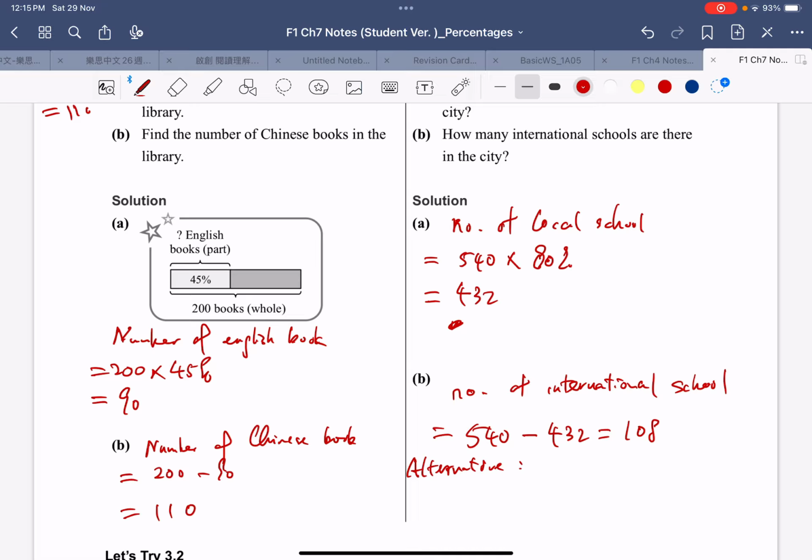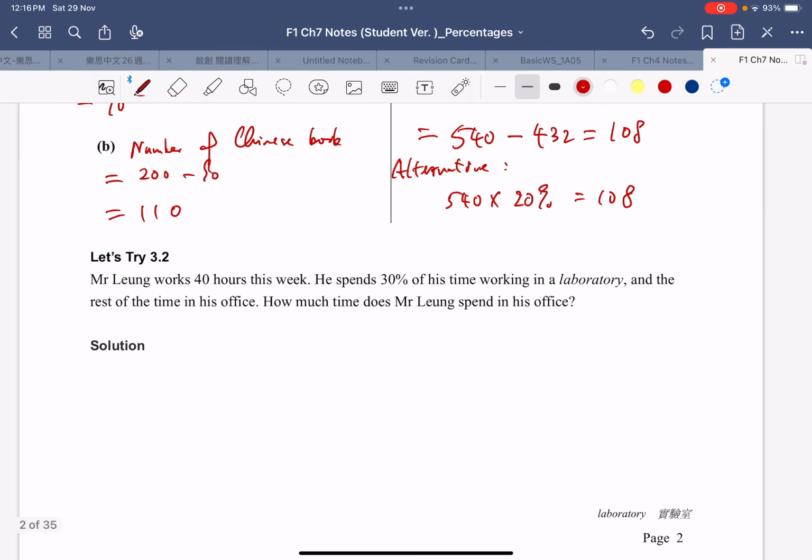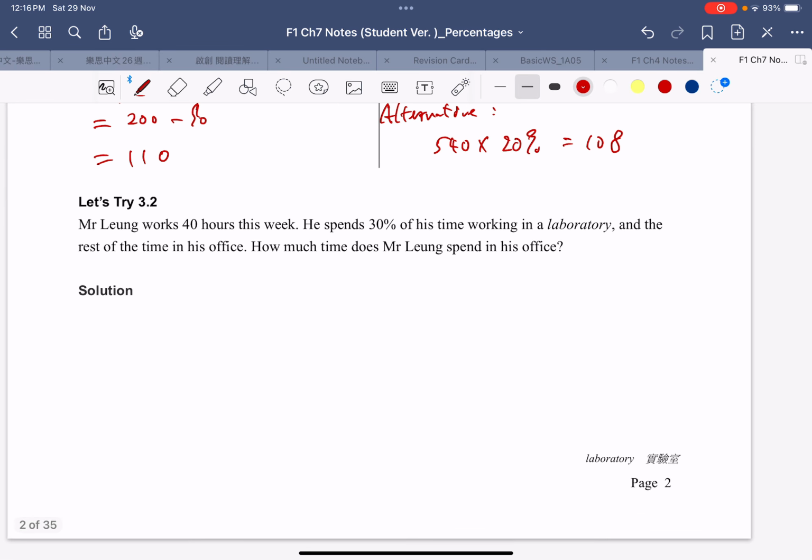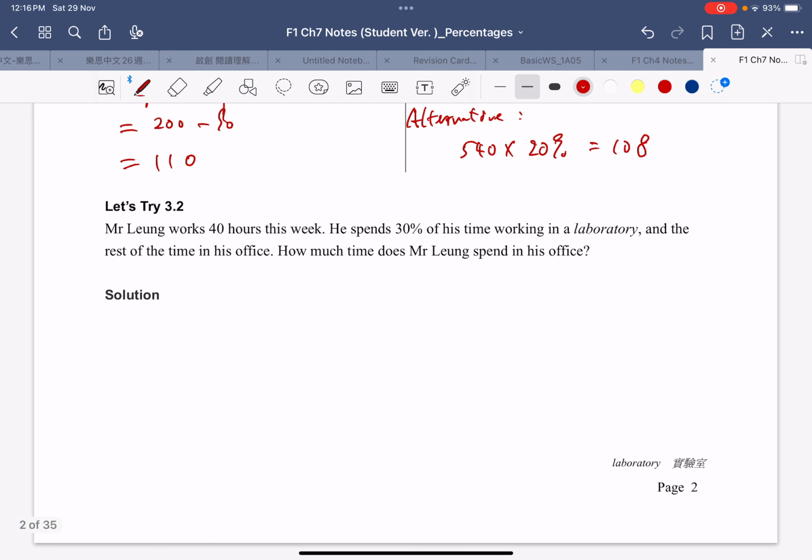So you can write 540 times 20%. Also gives you 108. Got it? All right, let's move on. This question.